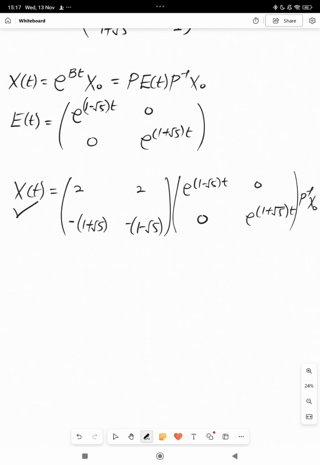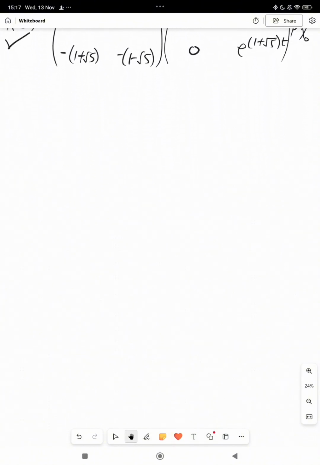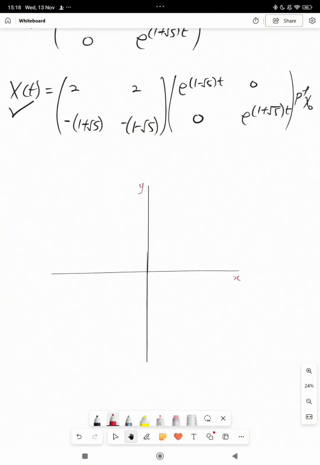We are also told to sketch the phase portrait. So we draw our x and y axis, and we are going to sketch our phase portrait. Now for our phase lines, it is best to use different colors to represent them so that it will be more visible. Now, the equation of a line that we circled earlier is what we're going to use.